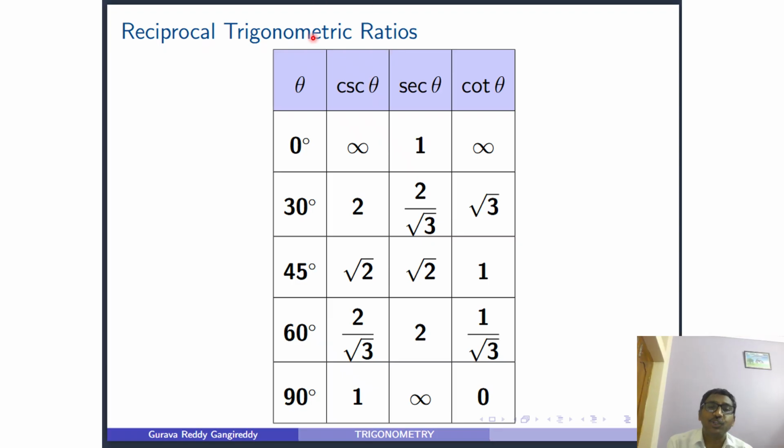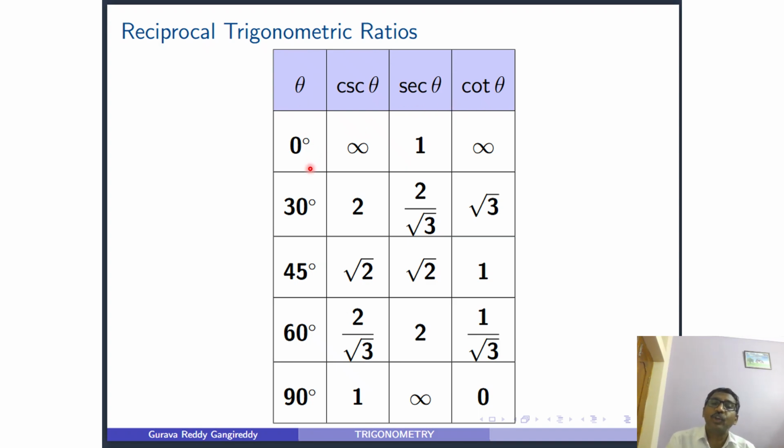Reciprocal trigonometric ratios: theta, cosecant theta, secant theta, cot theta. Cosecant theta, secant theta, cot theta are reciprocal ratios of sin theta, cos theta, tan theta respectively.